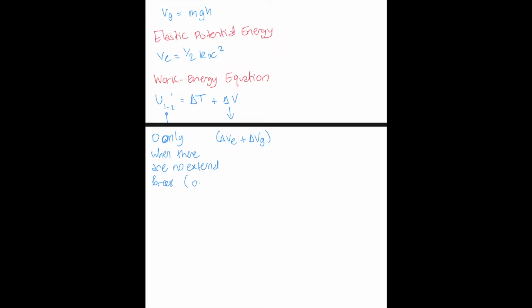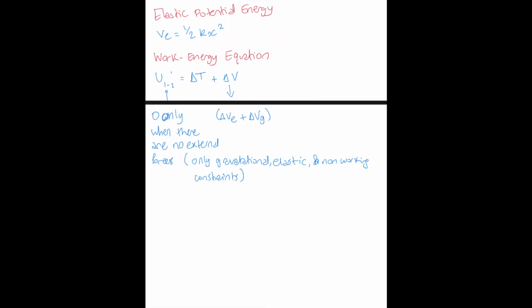So only gravitational, elastic, and non-working constraints. Therefore, if this is 0, it becomes T1 plus V1 is equal to T2 plus V2.